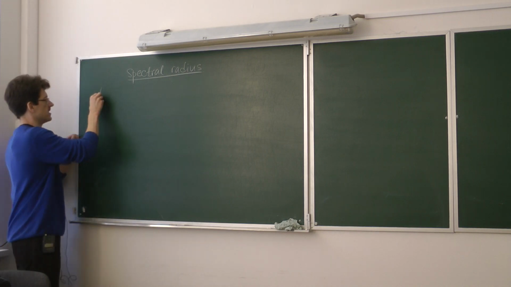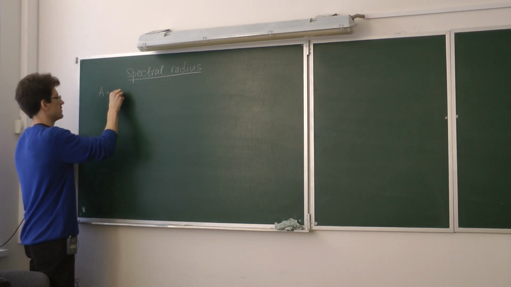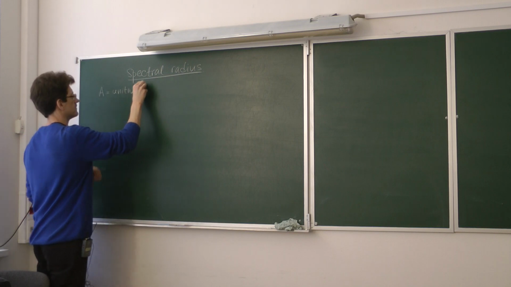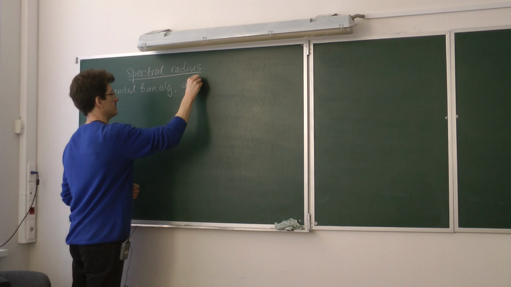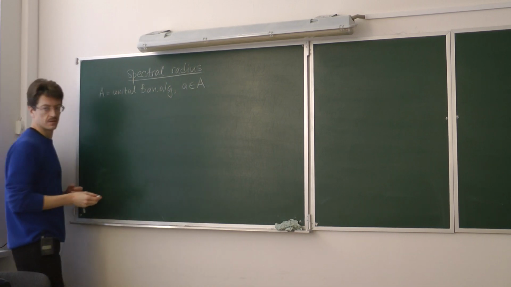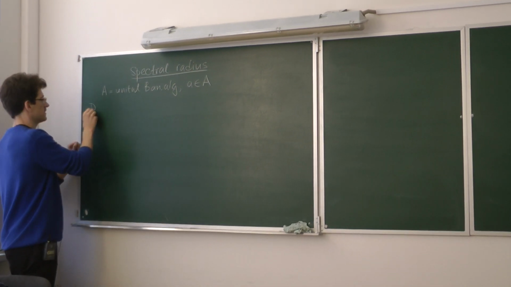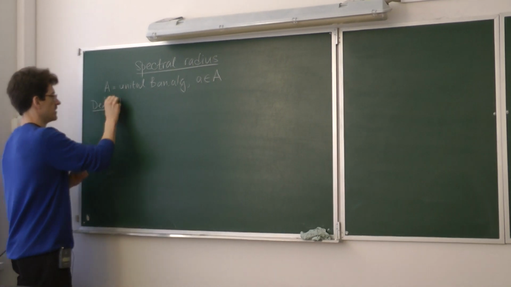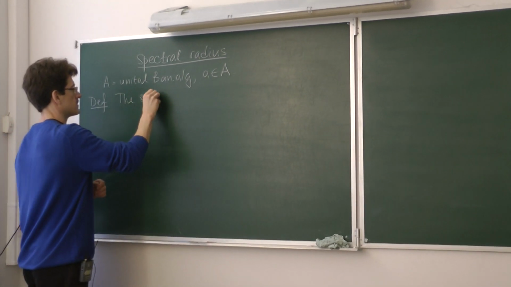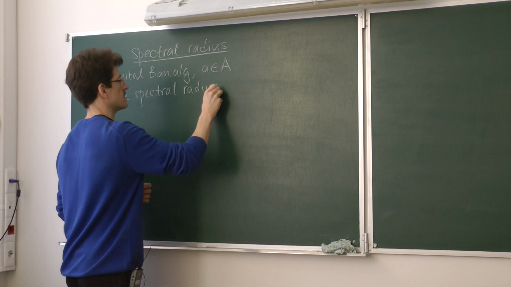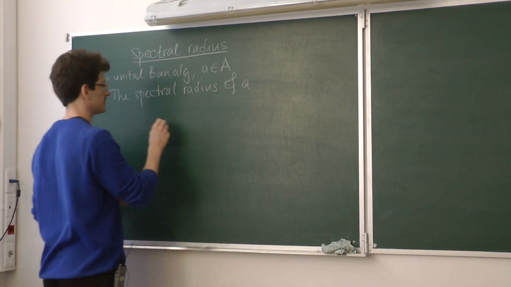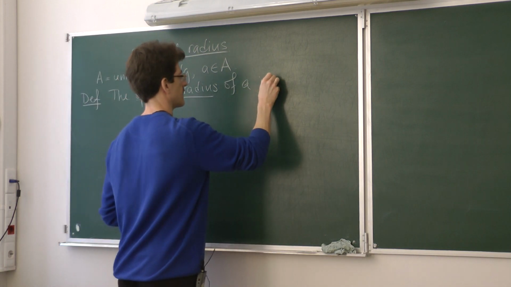So suppose that A is a unital Banach algebra, and little a is an element in the algebra. And we define the spectral radius of a as follows.